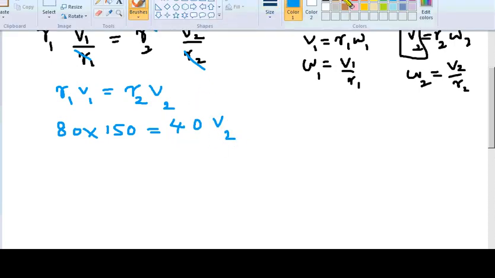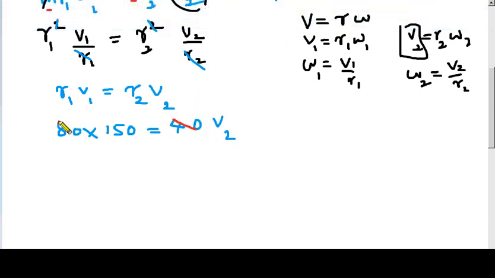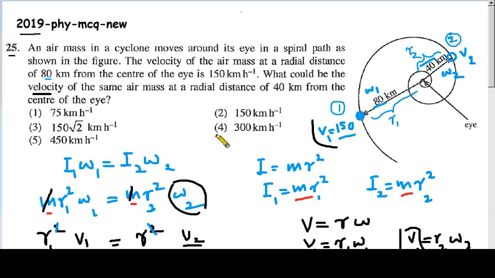So simplify, 2 times, then v2 equals 300 kilometer per hour. So that must be the answer, 300 kilometer per hour.